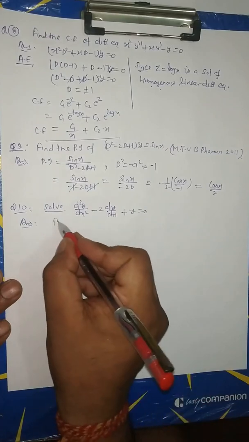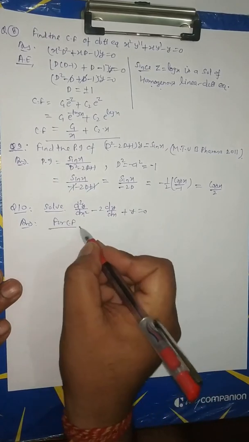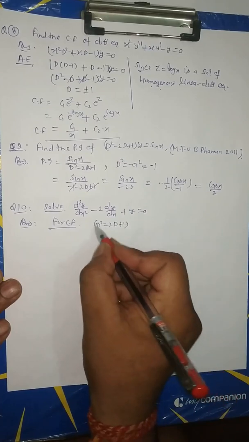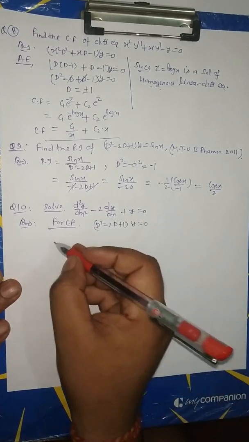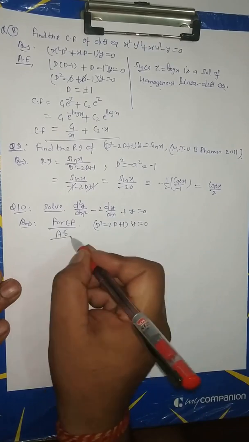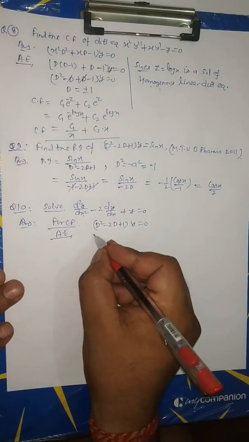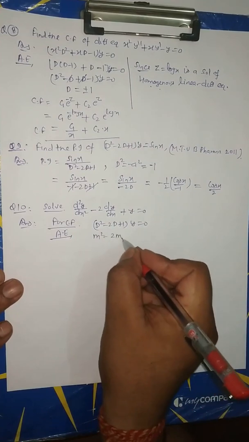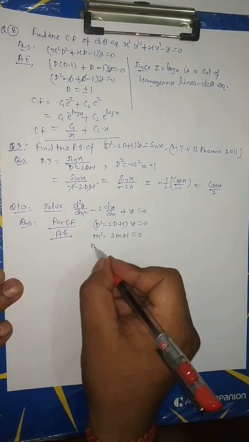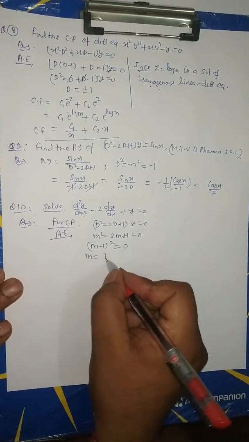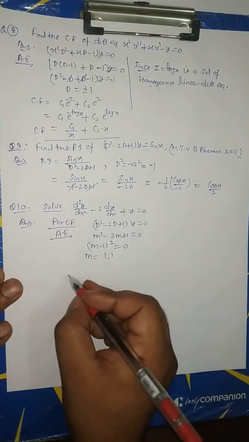Answer, for CF, (D square minus 2D plus 1) y equal to 0. Now we can write the auxiliary equation by putting D equal to m: m square minus 2m plus 1 equal to 0. That is, (m minus 1) whole square equal to 0. Now m is equal to 1, 1.